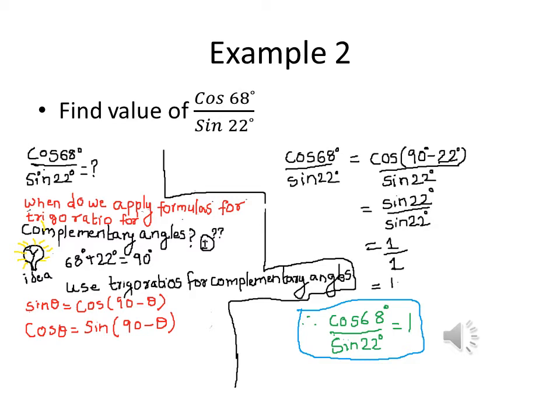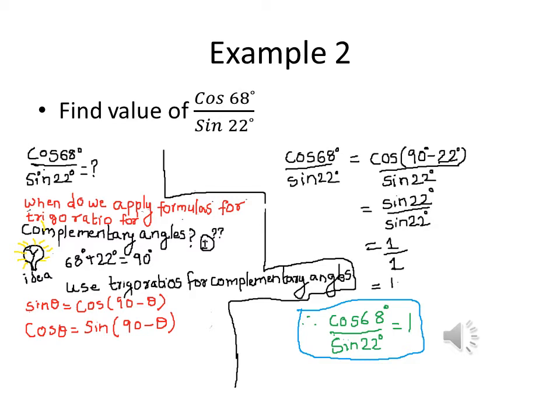Cos 68 upon sin 22. Now, when we are going to apply the complementary angle formula, we apply it to any one of the trigo ratios in the fraction given to us. What I have done, I have applied the complementary angles formula to cos 68. I am writing 68 as 90 minus 22.